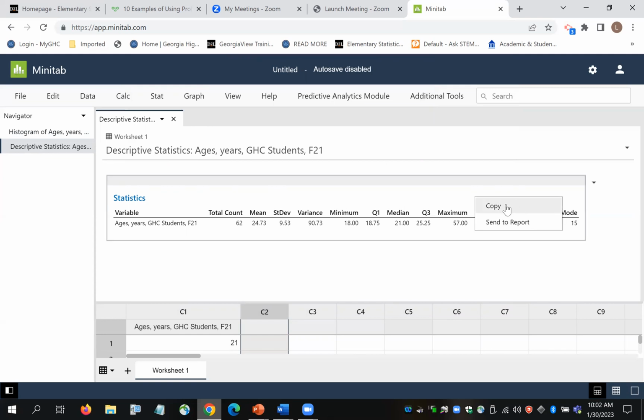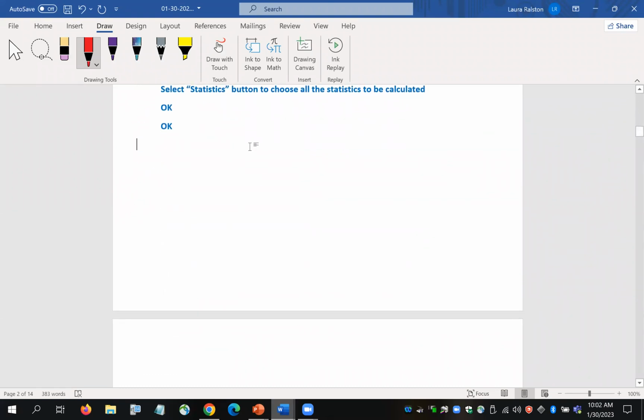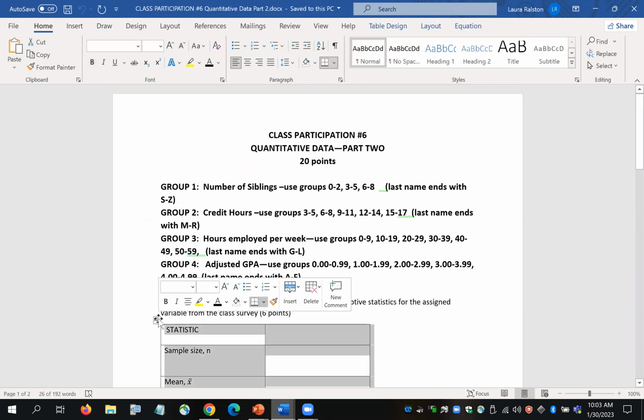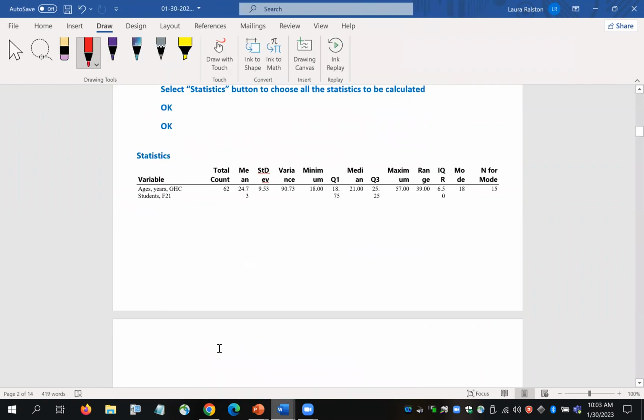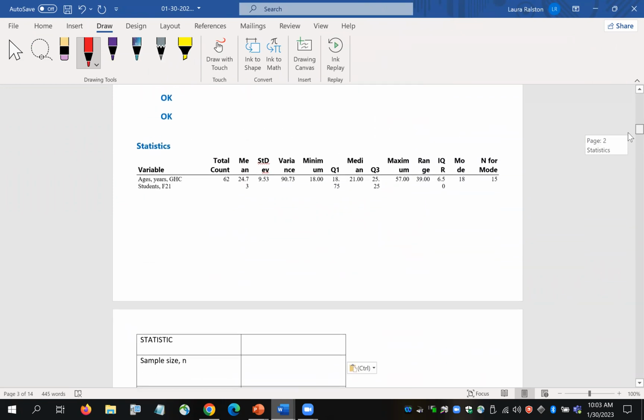So I could then, if I were doing my assignment, take this back over here to the Word document. And let me copy this table. So if this were my class participation 6 assignment, Minitab has calculated all of my statistics. I'm then going to record them.